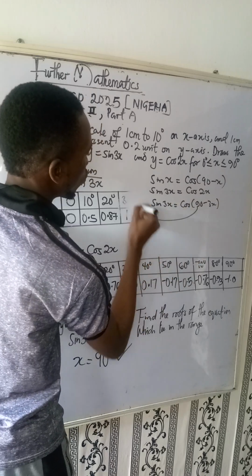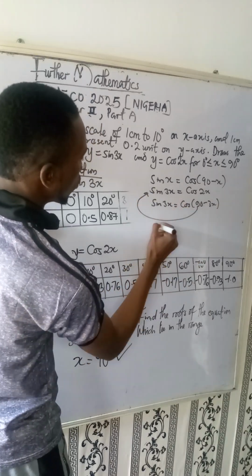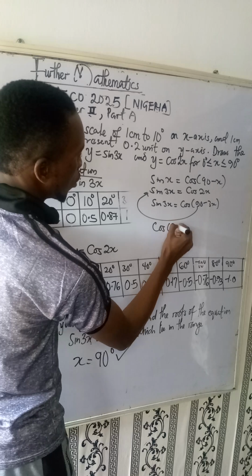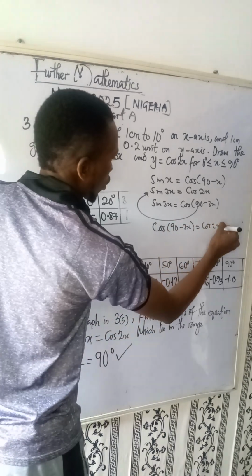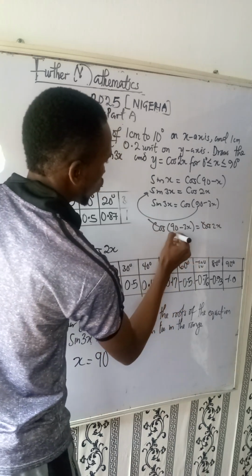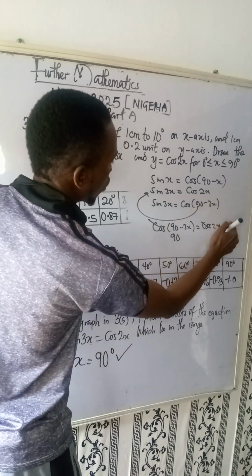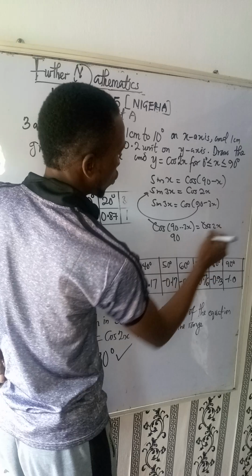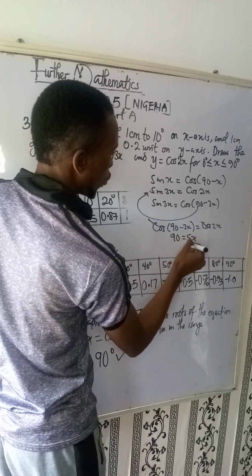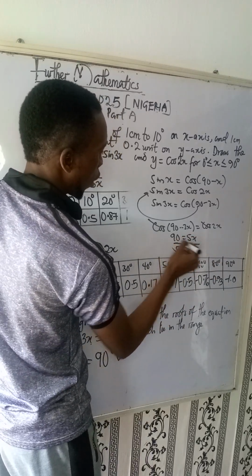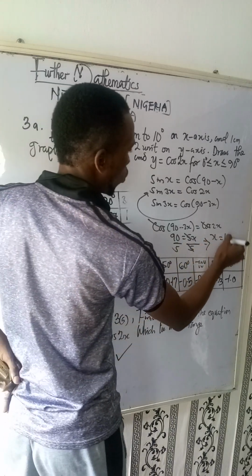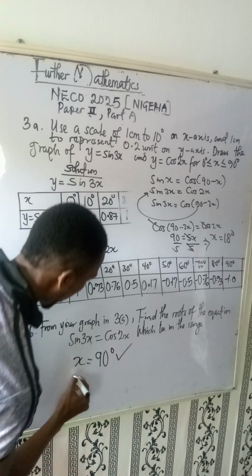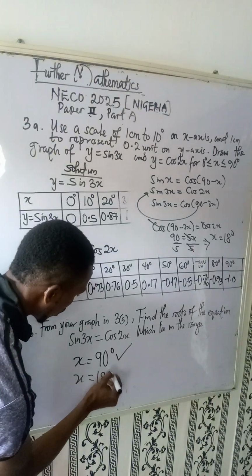So I will replace this with this. So this one becomes cos(90 minus 3x) equals cos 2x. So cos will cancel out cos. You have 90, take minus 3x to this place, it becomes plus 3x: 90 equals 2x plus 3x, that's equal to 5x. Then you divide both sides by 5. So 5 will cancel out 5. This implies that 90 divided by 5 is 18 degrees. So x will be equal to 18 degrees.